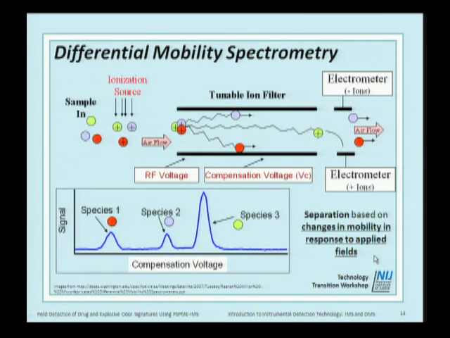So during a scan, you have many compensation voltages that it's modified. So you have a full scan of positive and negative compensation voltages, and as it hits the detector, you'll see this compensation voltage DMS spectrum here. You'll see the different species being separated. So separation here, as opposed to IMS, is based on the changes in mobility in response to these applied fields.